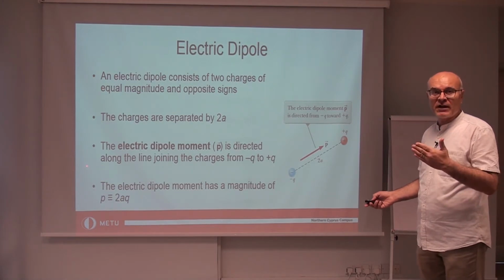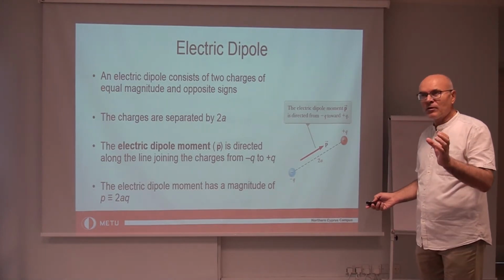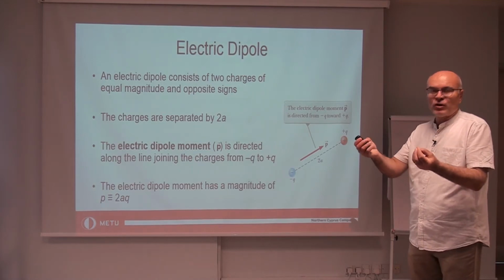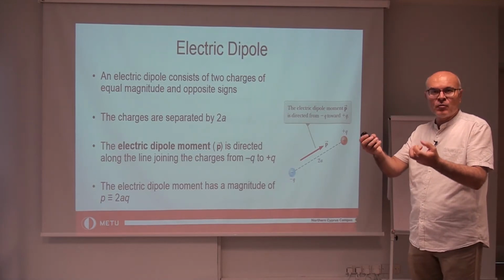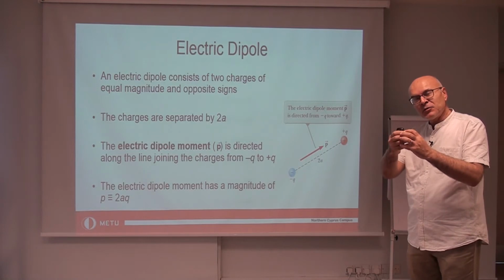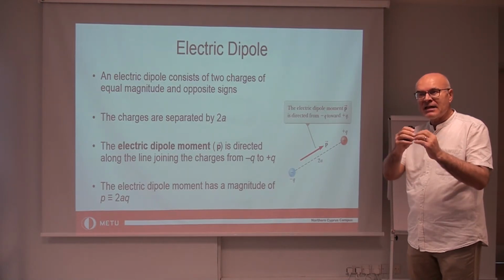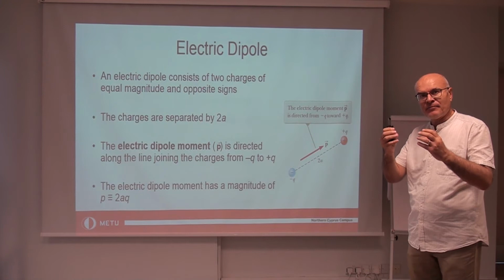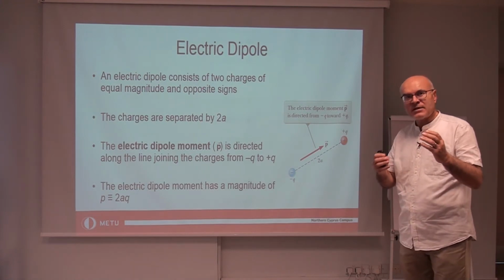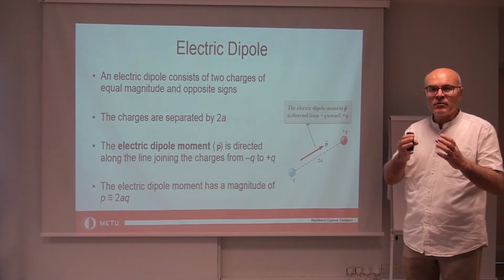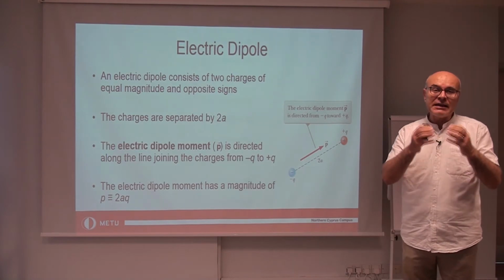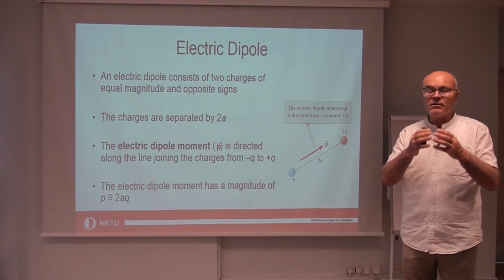This is why we define it, because while the dipole is actually composed of two point charges, we prefer to treat it as a single entity. And the reason for this is that dipoles appear naturally in molecules.